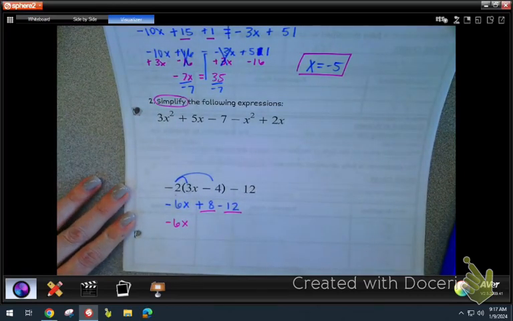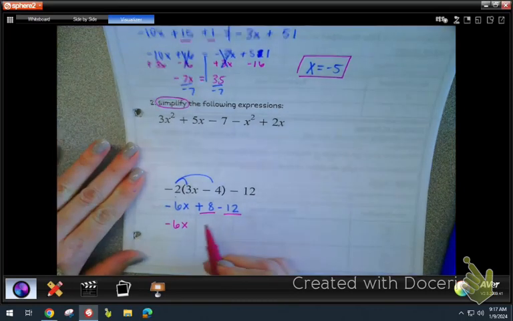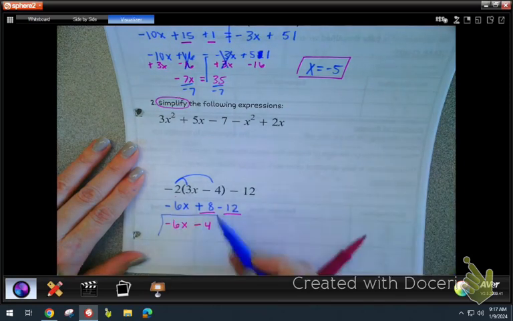The 8 and the negative 12. What are they? Same. They're just the same. They're like terms. So we just put them together. What's 8 minus 12? 4. What kind of 4? Negative. So I would have minus 4. Negative 6x minus 4. Is there anything else I can do to clean that up? No. So then this is my answer. This is my simplified answer. So I would just stop there.